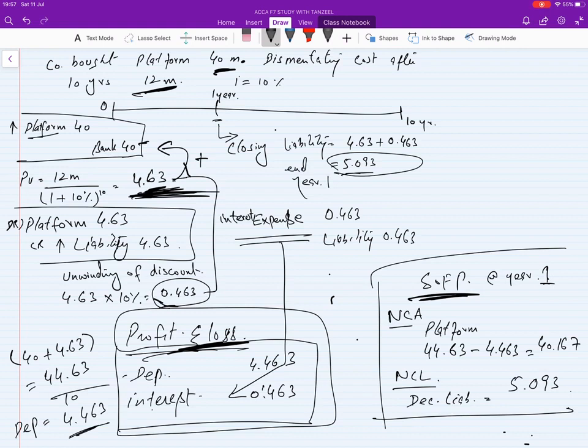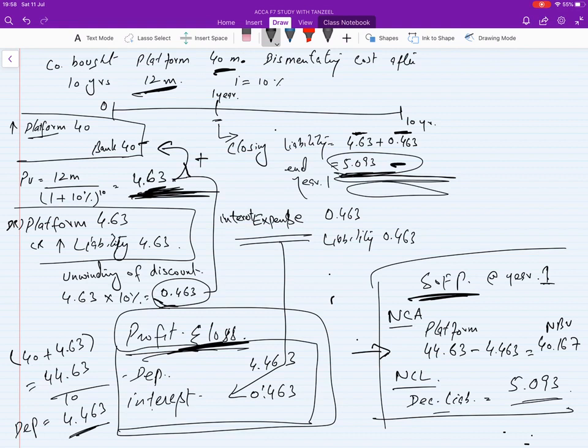So the closing balance is the present value of future cash flows plus the unwinding of discount. If you add these two, this will be the closing liability. For the non-current asset in SOFP, cost minus depreciation gives the NBV at the end of year 1, and the liability will be this.